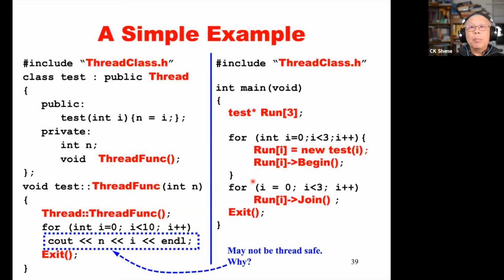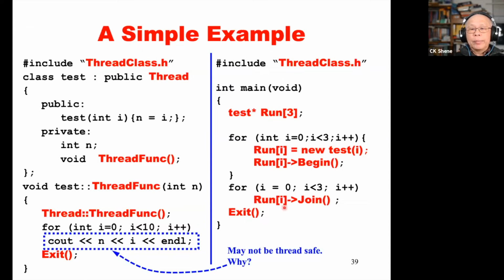If the main program exits, all three child threads will be gone. So you probably won't get a complete output from all three child threads. Therefore, just like what you have done for program 1 and program 2 when you use multiple processes, you just wait for all three to be done.